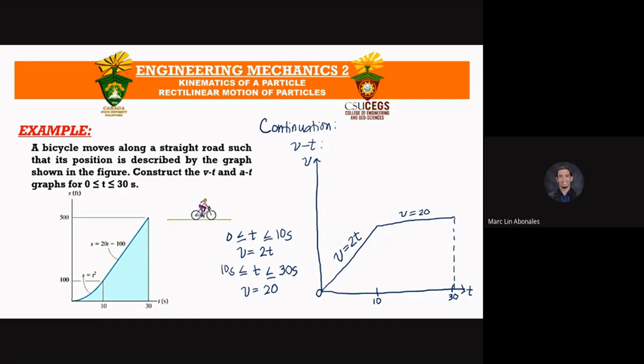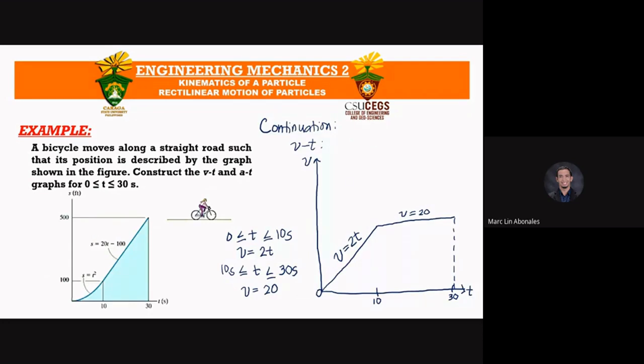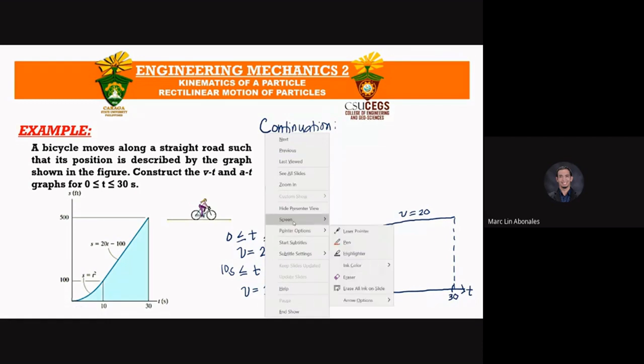So that is the graph for your VT. So afterwards, kung mag-construct nimo si VT graph, change kong screen. Here.